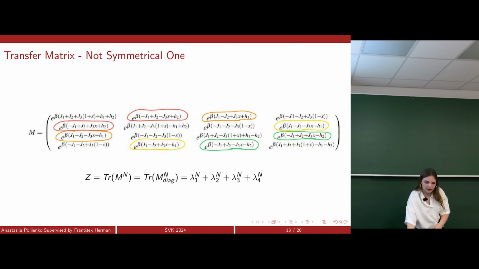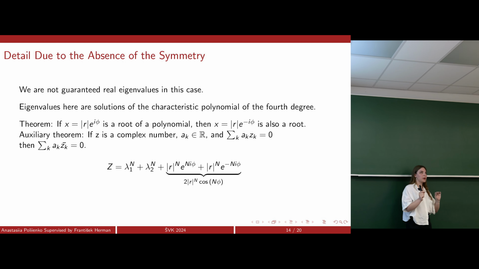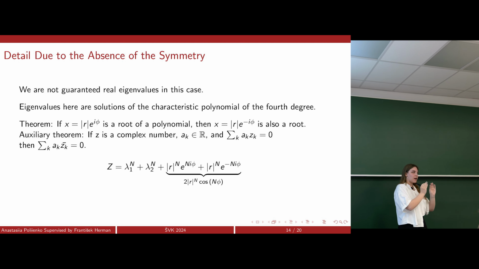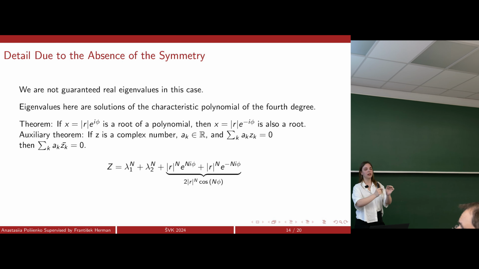So how did we solve this problem? We understood that when we are solving the characteristic polynomial for such a matrix, and we have there a root of a complex eigenvalue, then this root will be paired with its complex conjugate.